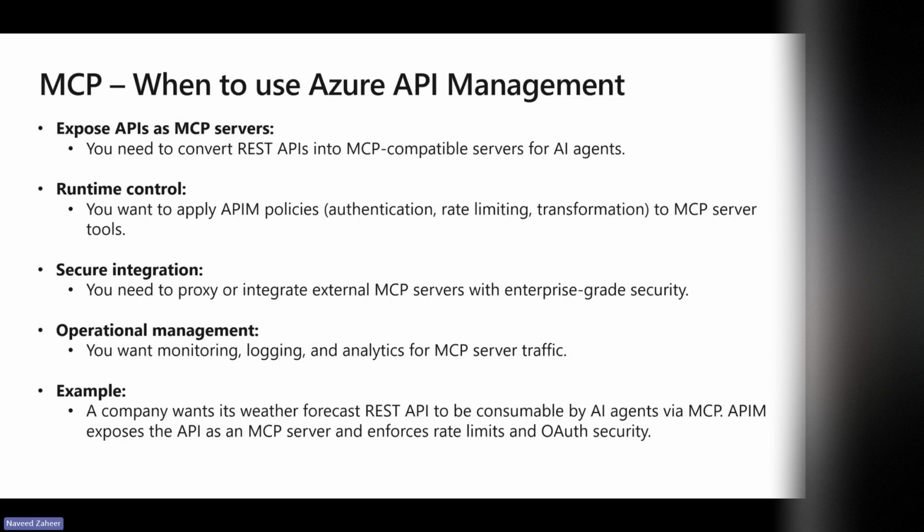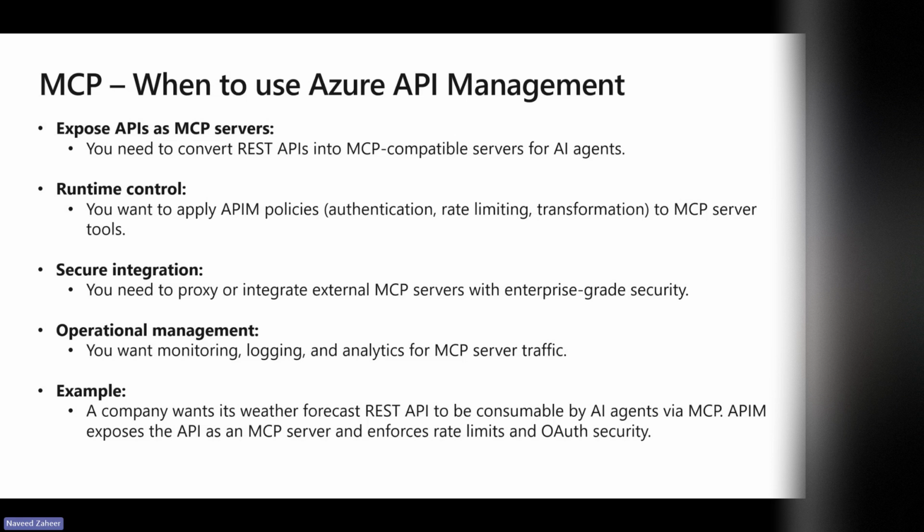I think it's self-explained. API management is the power for REST, where you can expose REST APIs as MCP servers. So you have REST APIs, you can quickly expose them as MCP servers. And as I said, they're looking at other legacy APIs as well to be exposed as MCP servers. So you can secure the integration by applying policies and things like that.